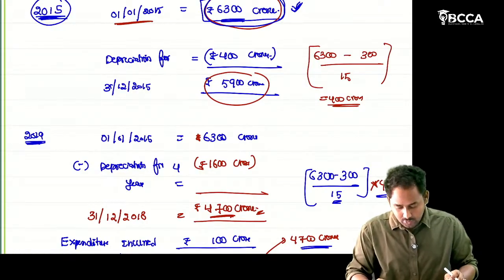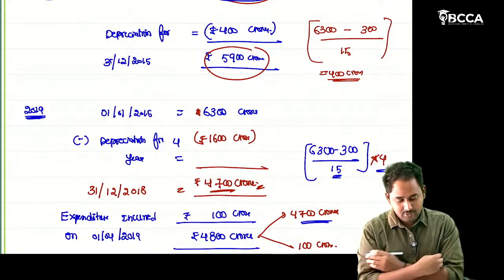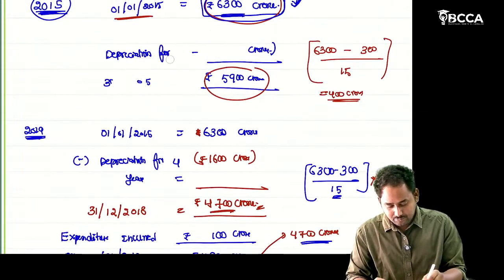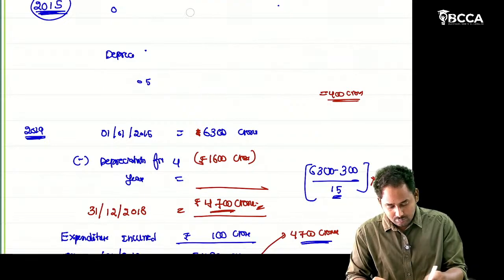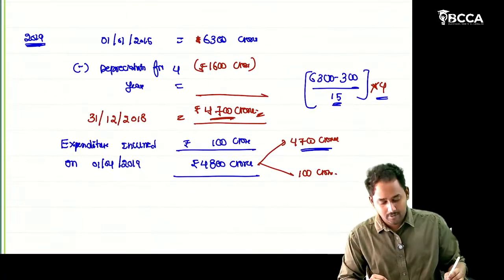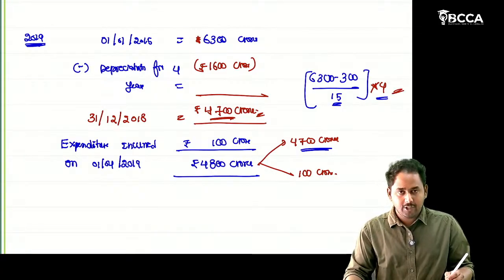Next, I need to provide the depreciation for 4 years. So per year 400 is the depreciation. 400 into 4 is 1,600.